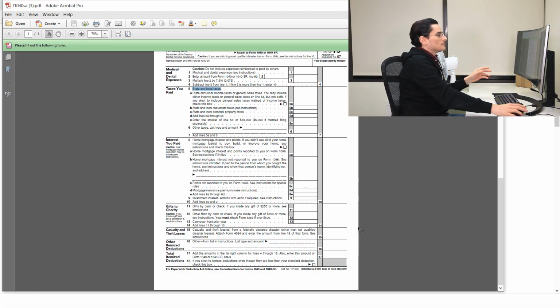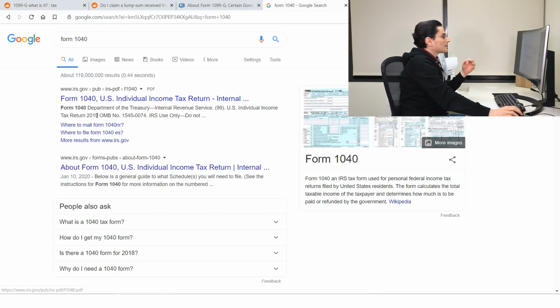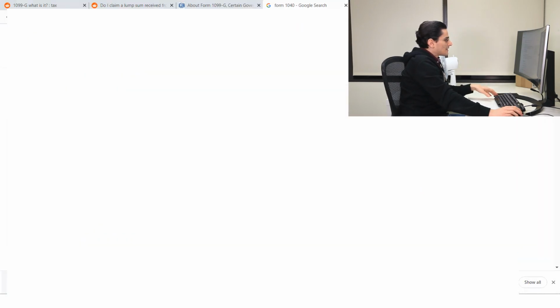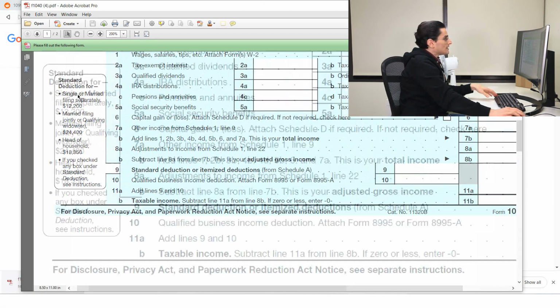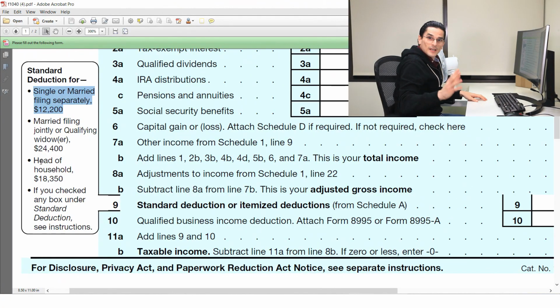So what does that mean? Now, you have a choice with Form 1040 of whether you want to itemize deductions or take the standard deduction. So let's take a look at Form 1040 and get a bit of insight on that. Now, over here, you'll see that the standard deduction for every year is clearly listed. So looking at the 2019 Form 1040, we could see that the standard deduction for the single filing status is $12,200.